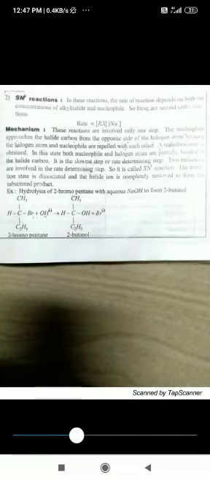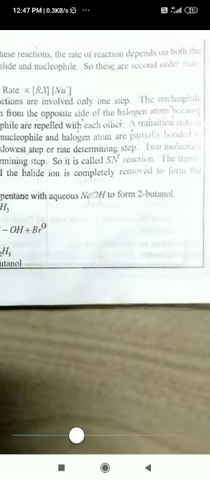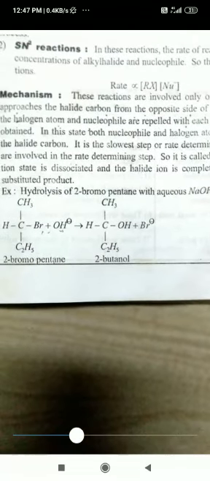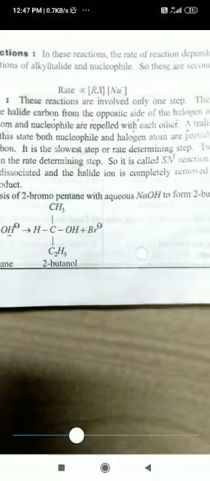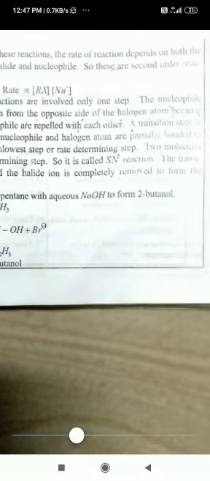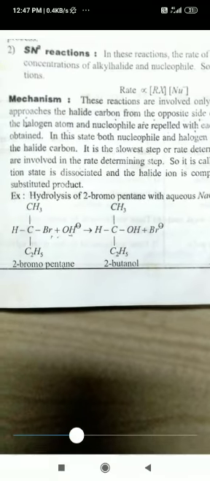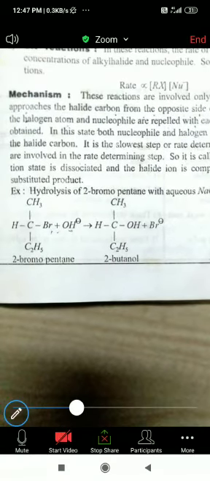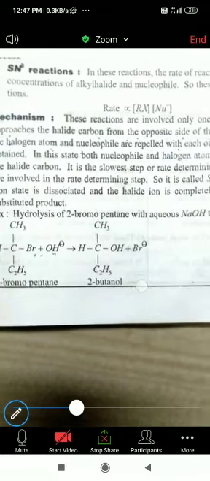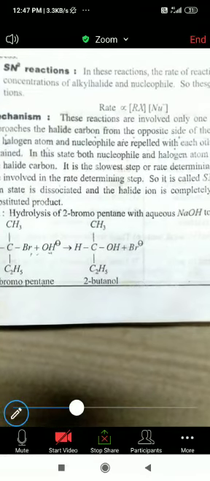Coming to the SN2 reaction. In the SN2 reaction, the rate of reaction depends on the concentrations of both the alkyl halide and the nucleophile.